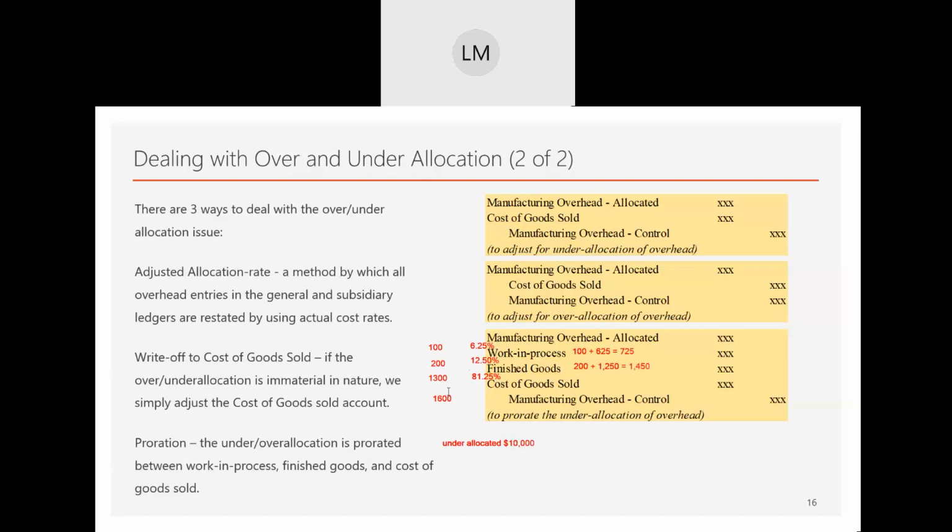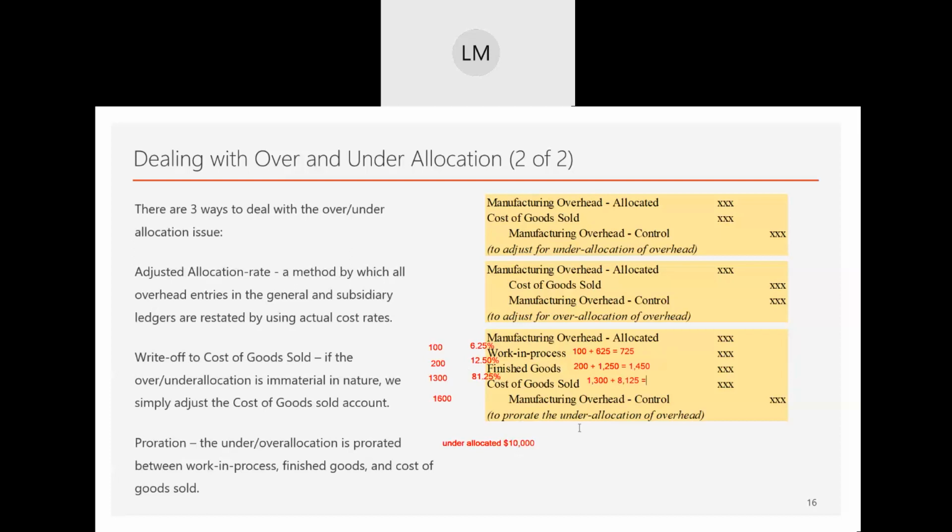Then I have my cost of goods sold. My ending balance in that was 1,300. And then I'm going to assign this under allocation of 10,000 times the prorated amount of 81.25%, so 10,000 times 0.8125, which is 8,125.